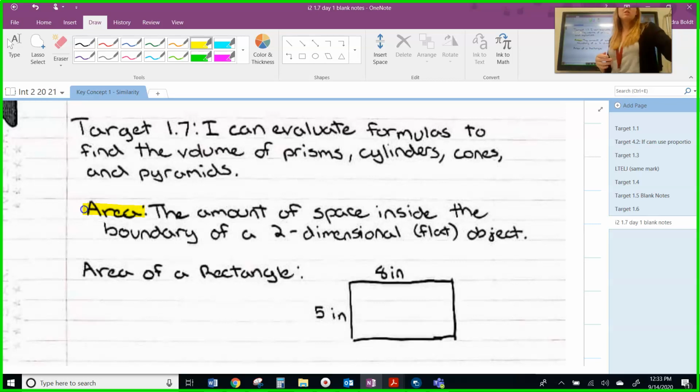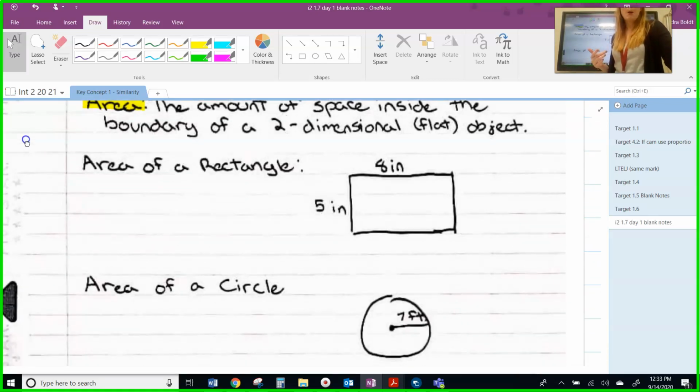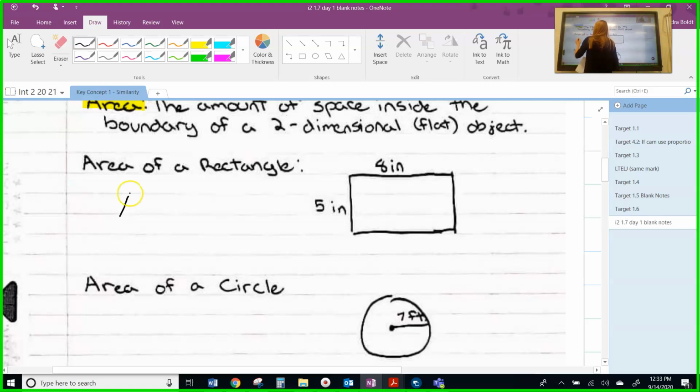Okay. So we have to think of our area formulas. And these you probably know. But the first one we're going to look at is the area of a rectangle. The area of a rectangle is area equals length times width.